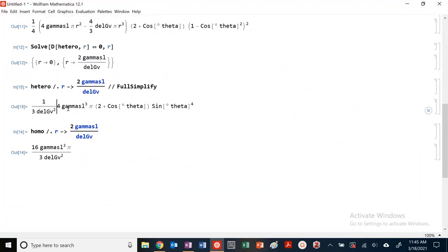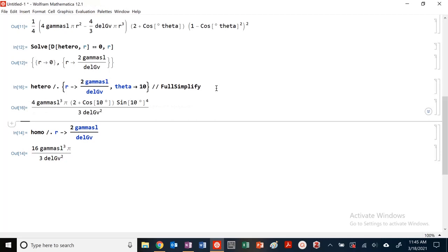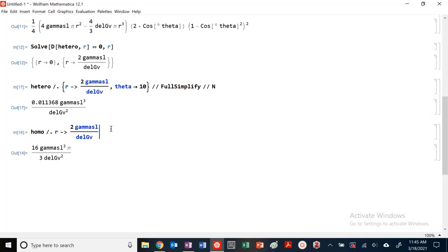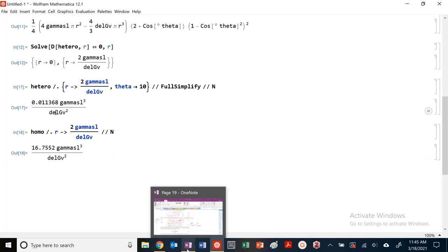So you could see already we're going to be lower because when we plug in any value here, actually, let's say our R is that, and let's say our theta is 10 degrees. Let's do that numerically. So we can see much lower than this 16 over pi. We'll do this numerically too, just so we can look at it. Yeah, so very, very different, much smaller for heterogeneous. We're going to be good to go.